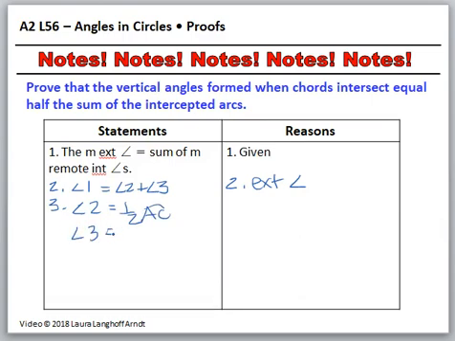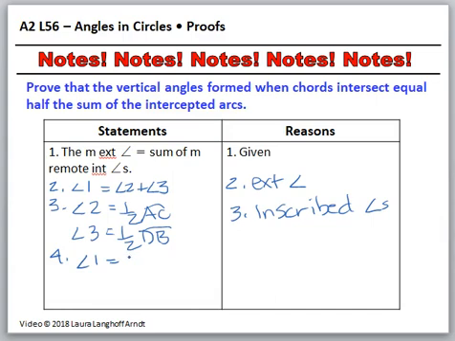And angle 3 is 1/2 DB, because they are inscribed angles. And then for number 4, through substitution, we could say that angle 1 is 1/2 of AC plus 1/2 of DB. And that's just from substitution.